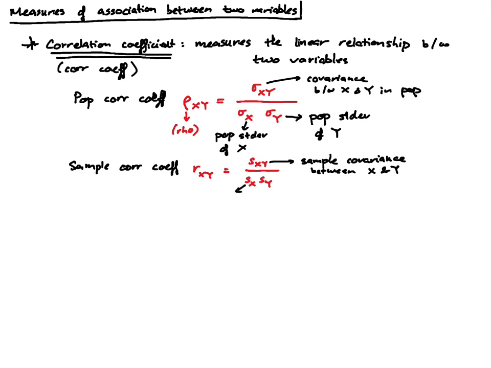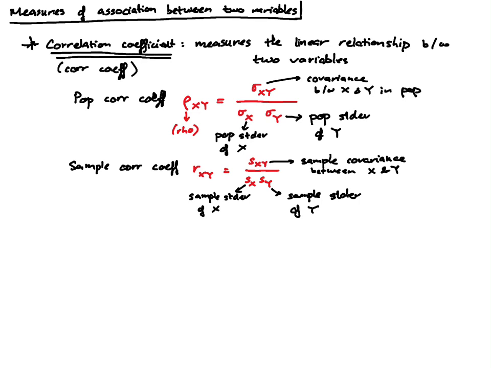Sx is the sample standard deviation of x, and Sy is the sample standard deviation of y. Okay. So if you want to calculate the correlation coefficient, you just need to take the covariance and divide it by the product of the sample standard deviations.